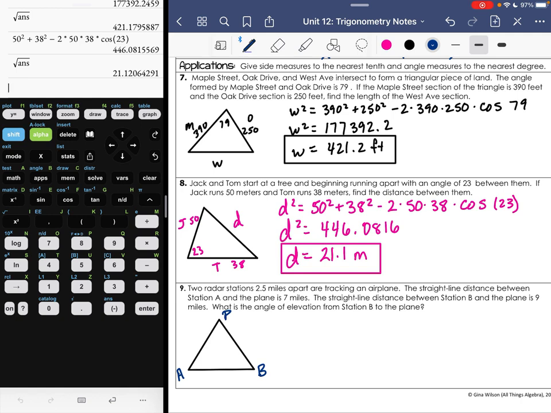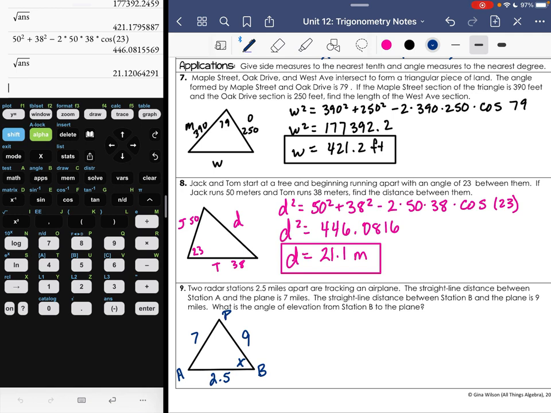And so they are 2.5 miles apart, A and B are. And then the distance between A and the plane is 7 miles. The distance between B and the plane is 9 miles. What is the angle of elevation from station B to the plane? So you want to know angle B is what you're trying to find.